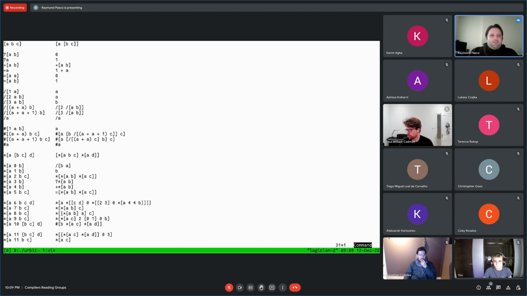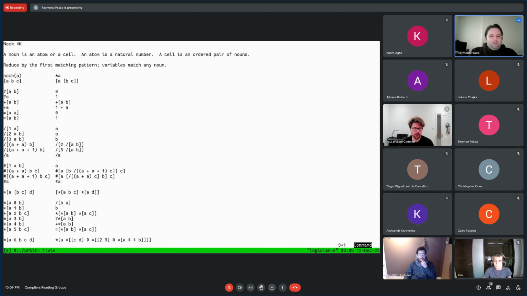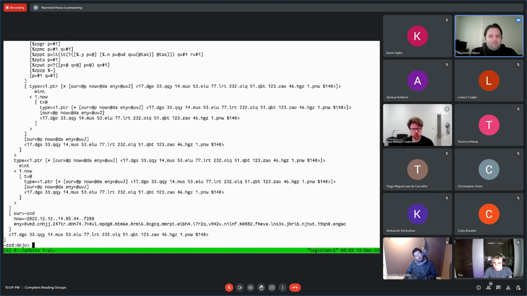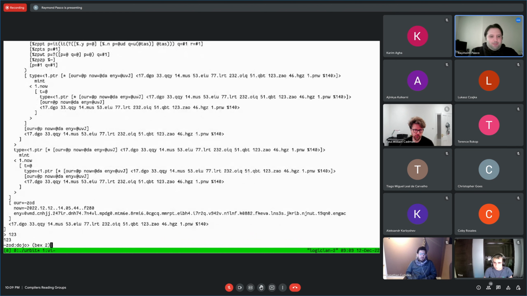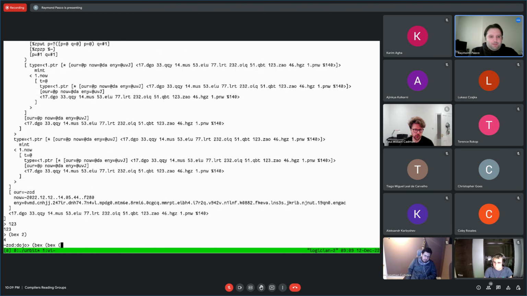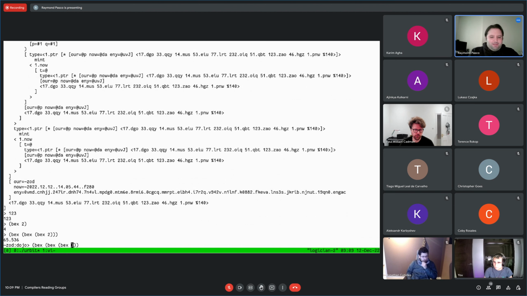The first thing about it, which is not exactly part of the spec, is the definition of the noun data structure, which is the only thing that it operates on. All we have are just cons cells, basically. We have atoms, which are just natural numbers. There's no size limitation on them. They're just any natural number. So this is an atom. This is an atom, and even very large ones.